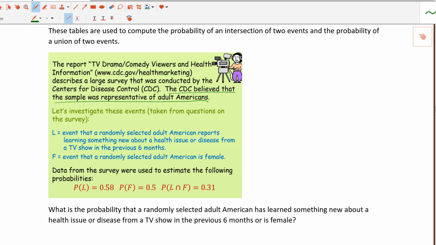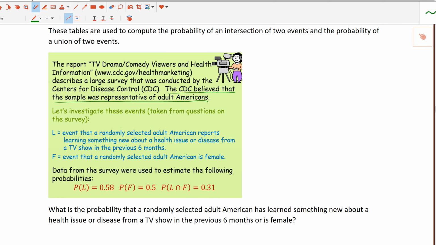Okay, so you need to have a representative sample when you're dealing with any kind of statistics. L is going to be the event that a randomly selected adult American reports learning something new about health issues or diseases from a TV show in the previous 6 months. F is the event that the randomly selected adult American is female.